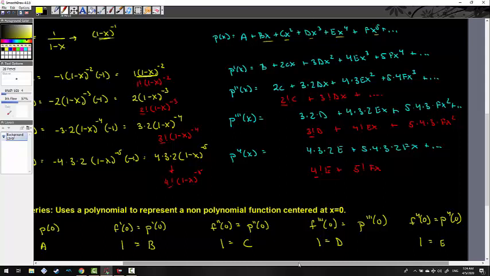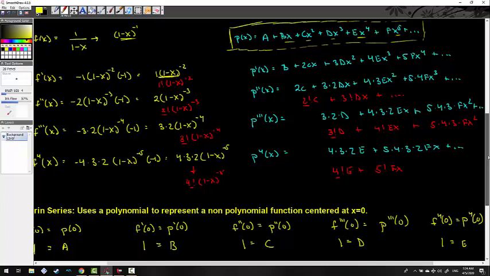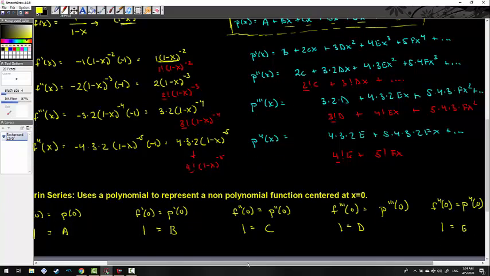So how does this help me represent a polynomial? Well, remember, the original base polynomial is this expression right here. It's all of this stuff here. And so what I get is, instead of a plus bx plus cx squared plus d, I have all the values for a and all those things.